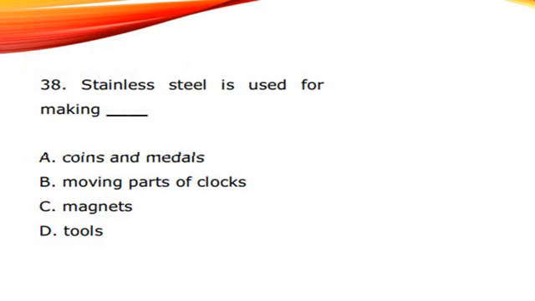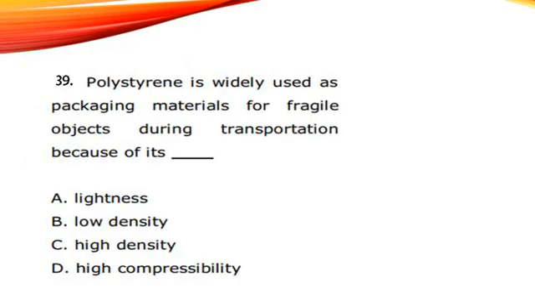Then next we have question 39, which says polystyrene is widely used as packaging material for fragile objects during transportation because of its A, lightness, B, low density, C, high density, and D, high compressibility. So the answer is high compressibility because remember, in the question we were specifically asked why polystyrene is used for packaging fragile products.